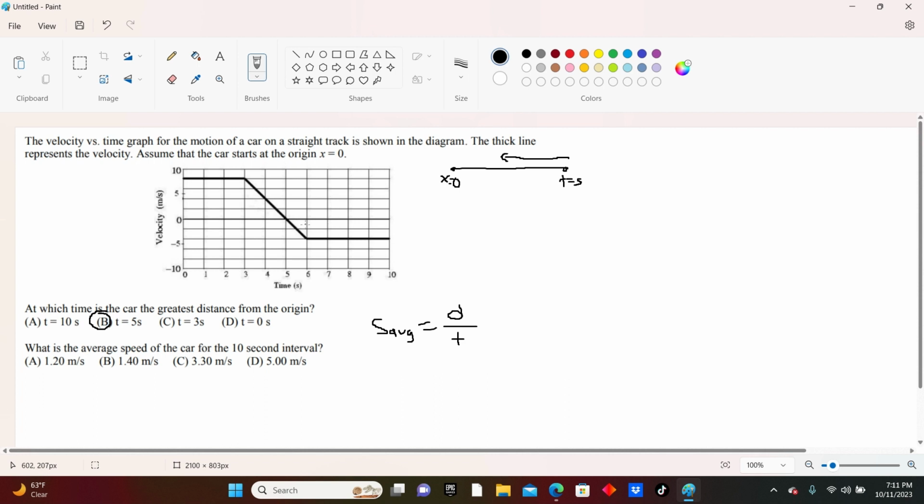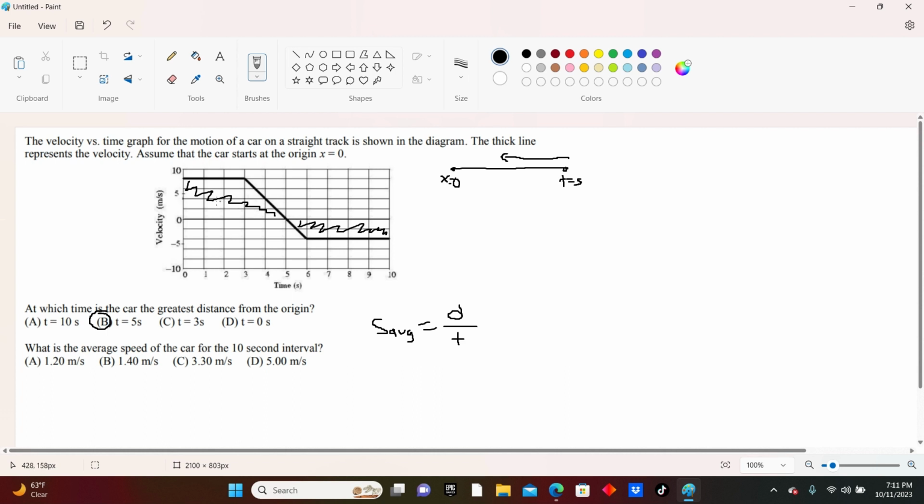Despite the area here being negative, which would be a negative displacement, for distance there's no direction. So the total distance can be represented by adding the area under the curve from t equals 0 to t equals 5, and the area from t equals 5 to t equals 10. Adding both these areas will give us the distance.